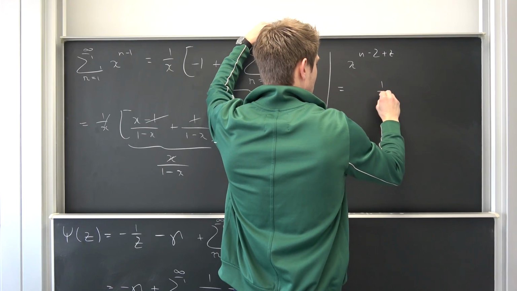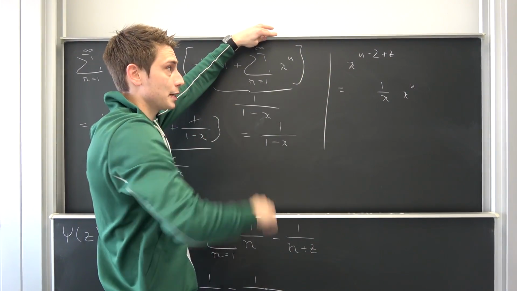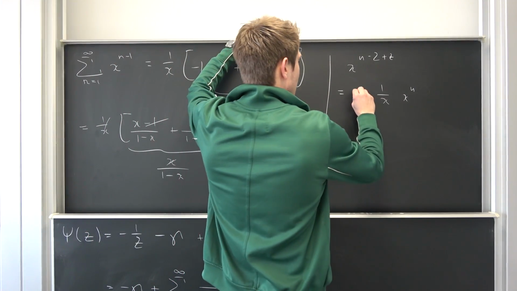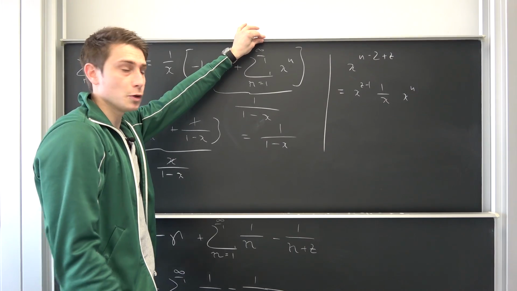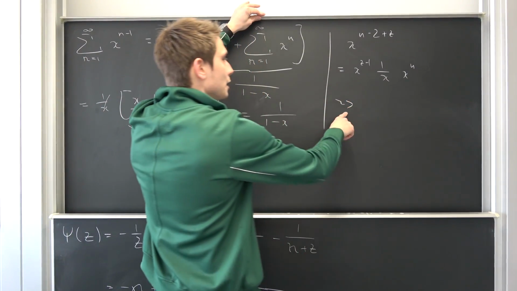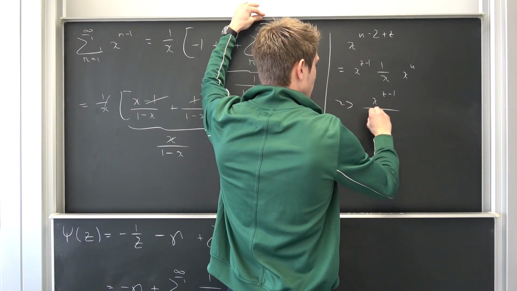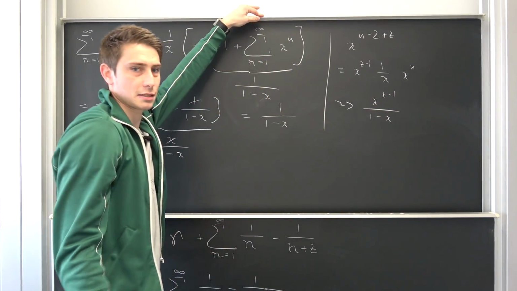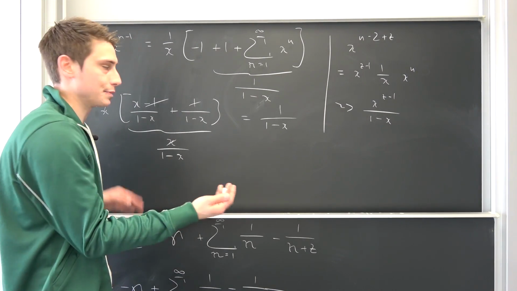So we are going to get 1 over x, and then we have x to the nth power. Putting this into the geometric series, we also have x to the z minus 1th power left. All that is really different in the process is that we get x to the z minus 1th power over 1 minus x. So that's all that's really going to be different.